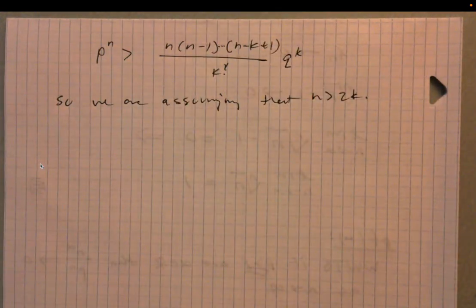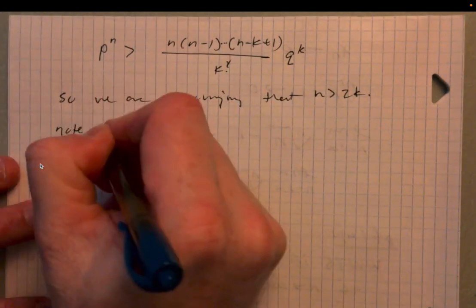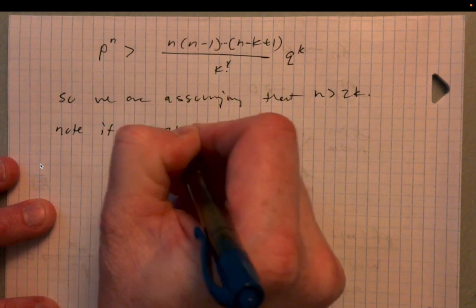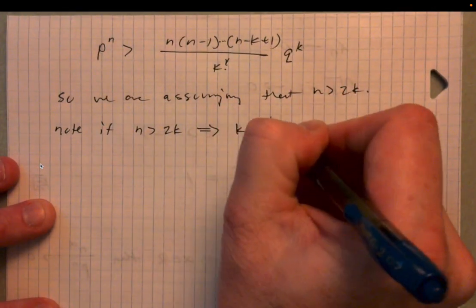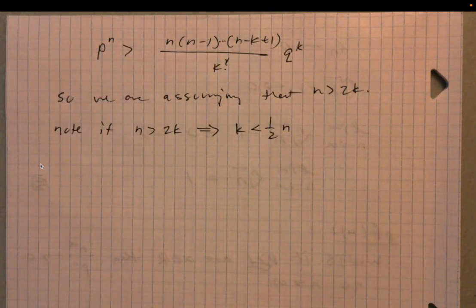Okay, so n, remember, is how far out in the sequence we have to go. So n is greater than 2k. Note, if n is greater than 2k, that implies that k is less than 1/2 n, right?